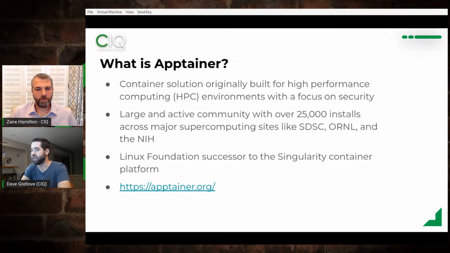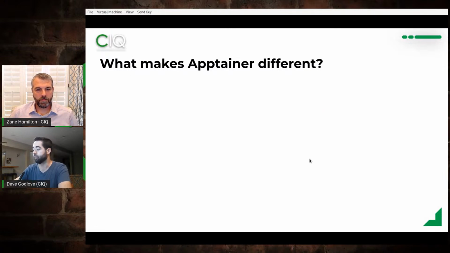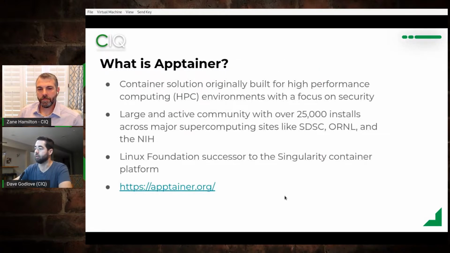It's got a really large and active community, lots of installations. But really, it's the Linux Foundation successor to the Singularity container platform. So if you're familiar with Singularity, that's pretty much it. It's the Linux Foundation successor to that, and you can learn more here, obviously.